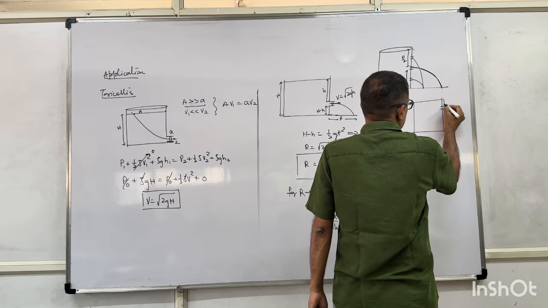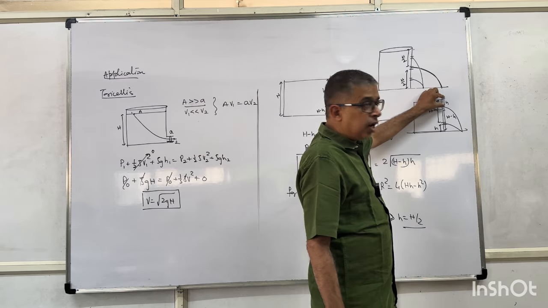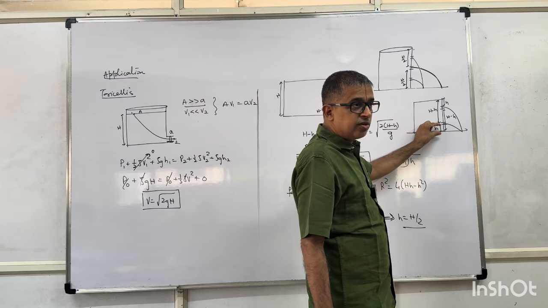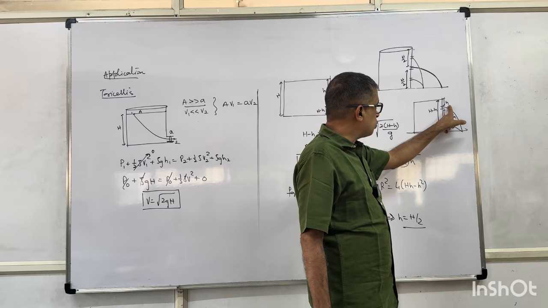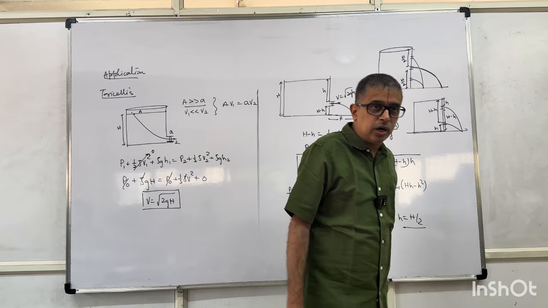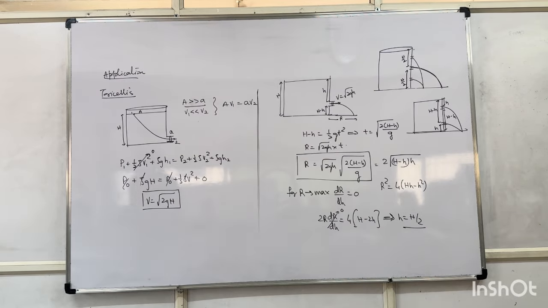Vice versa, this is h minus h and this is h, you will have the same range. So small h from above and small h from below will give me the same range. Is the logic clear to all?